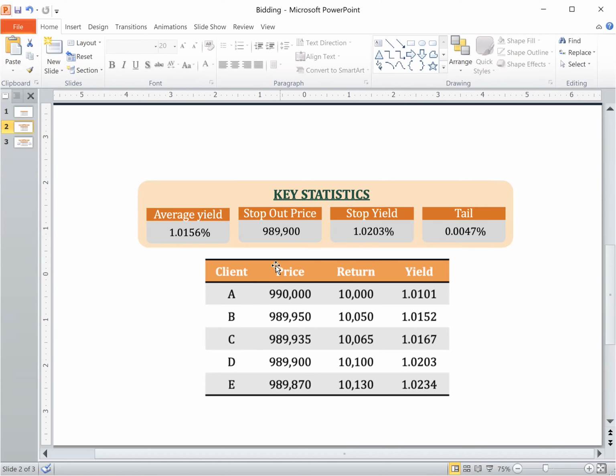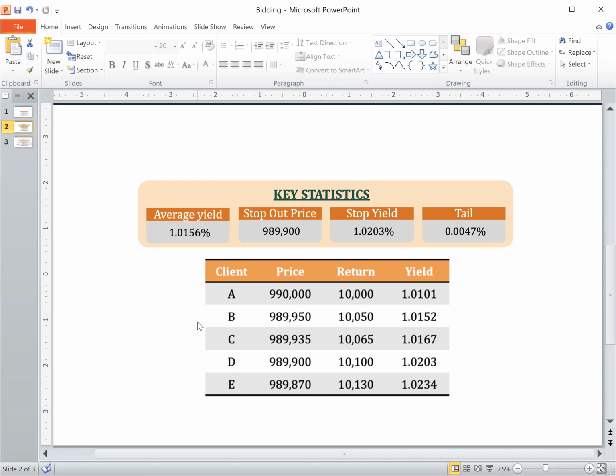So what would happen? A, B, C, D would get the allocation, and every non-competitive bid would get the allocation. So you would see generally 80% of the issue would be subscribed through the competitive bidding process, and 20% of the issue would be subscribed through the non-competitive bidding process.